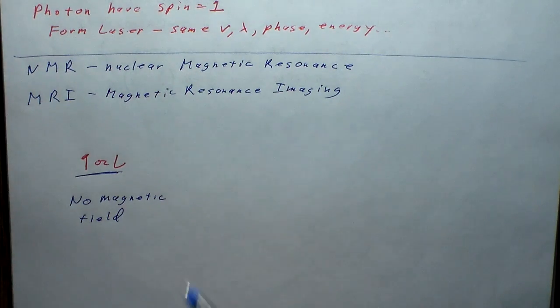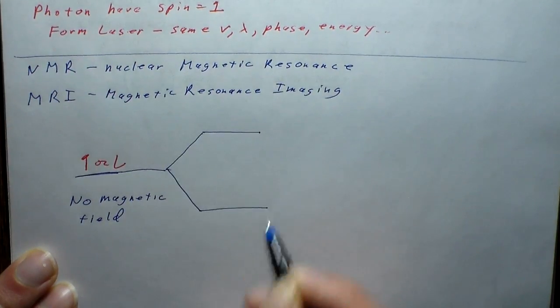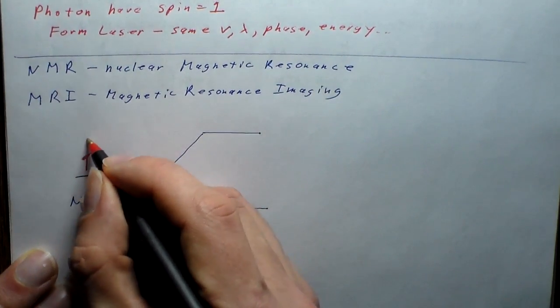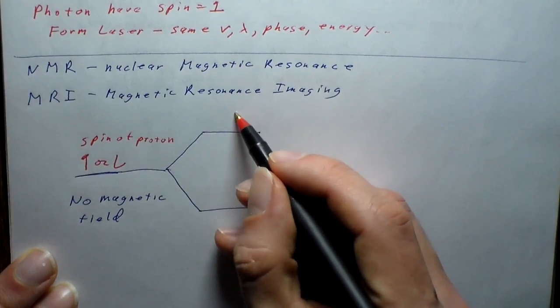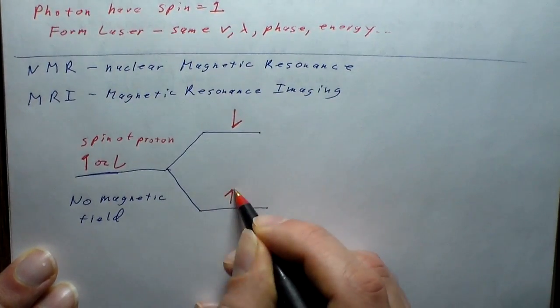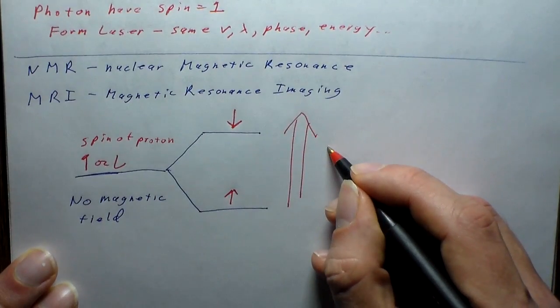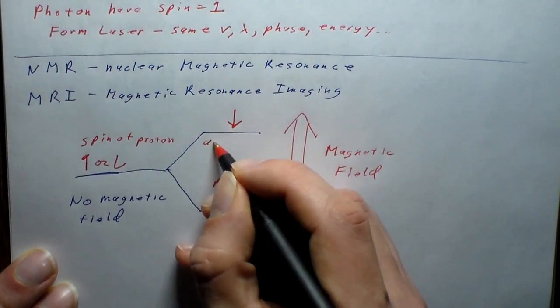Now, if I put this into a magnetic field, there's going to be a splitting. The spin of this proton can either be what we call anti-parallel or parallel to the field. So right here, this is going to be my magnetic field. This would be parallel, and that'd be anti-parallel.